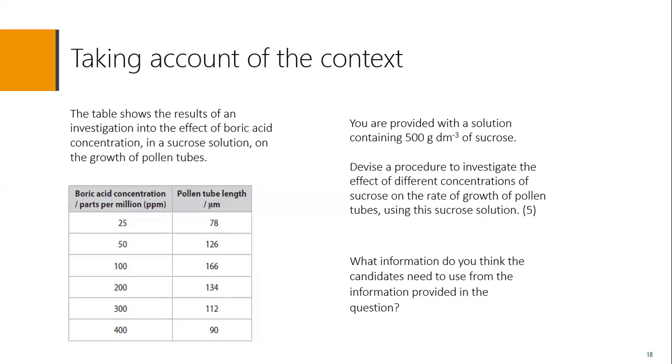What nobody has put, which is the basic thing for this particular practical, if you were describing how you're going to measure the growth of pollen tubes, is that you would need to explain that you were going to use a microscope and a graticule to measure the length of the pollen tubes. That is information that you have learned from actually carrying out this practical.